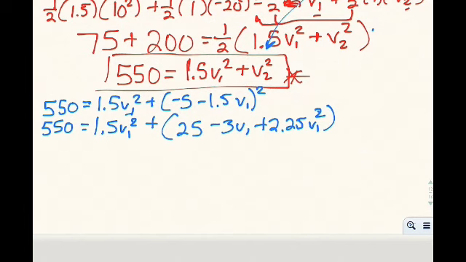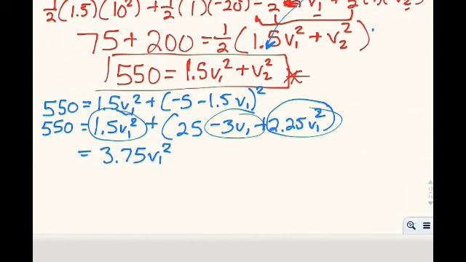Okay, so if you were to look at this, you can go ahead and combine these terms now. I'm going to combine my squared terms, which is here and here, and that gives me 3.75 v1 squared. And then you also have this term, which is by itself, and you have this term, which for now is by itself.